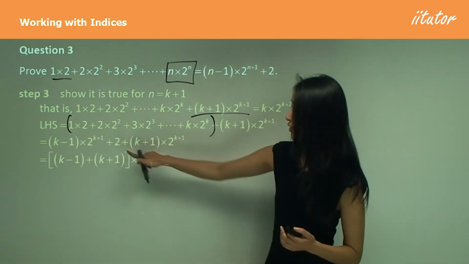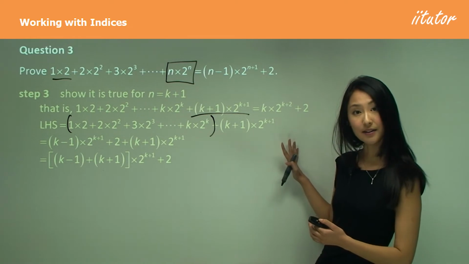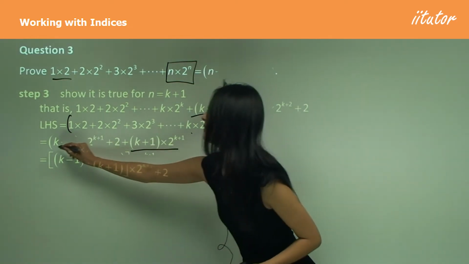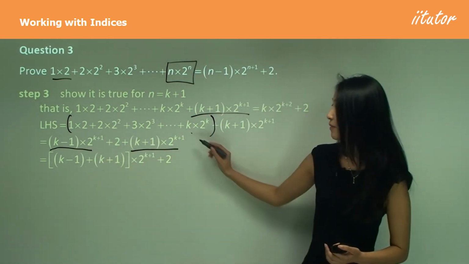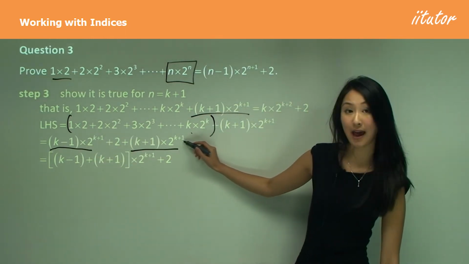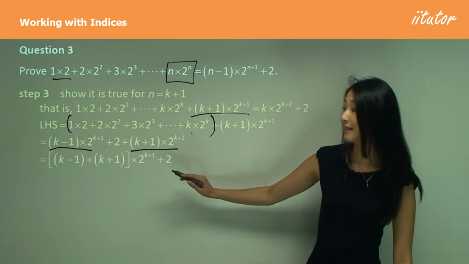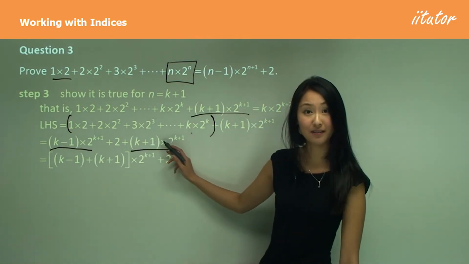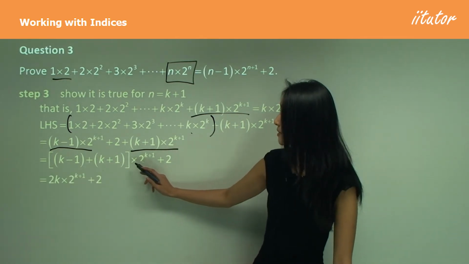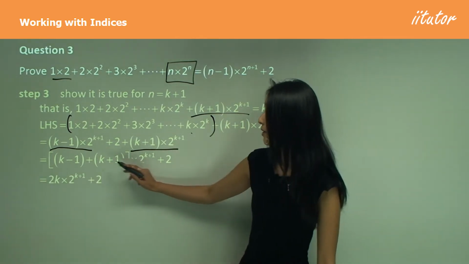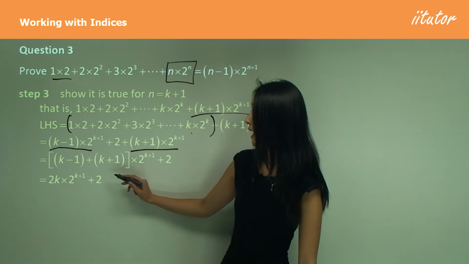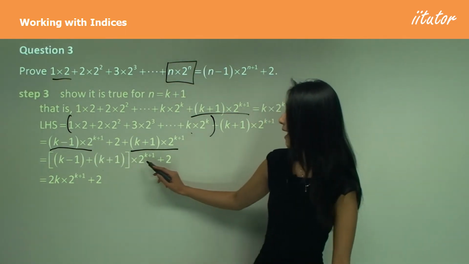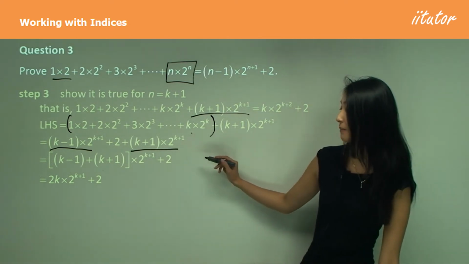So that plus 2, we've just isolated out to the back, and we're just considering this term here and this term here. And we've factorized out 2 to the power of k plus 1, and that leaves us with k minus 1 plus k plus 1, okay? And now I'm just going to summarize this. So k plus k gives you 2k, minus 1 plus 1, just 0. So that's why it becomes 2k times 2 to the power of k plus 1 plus 2.